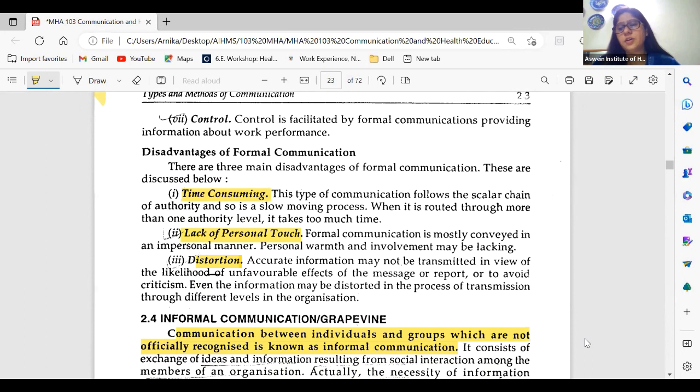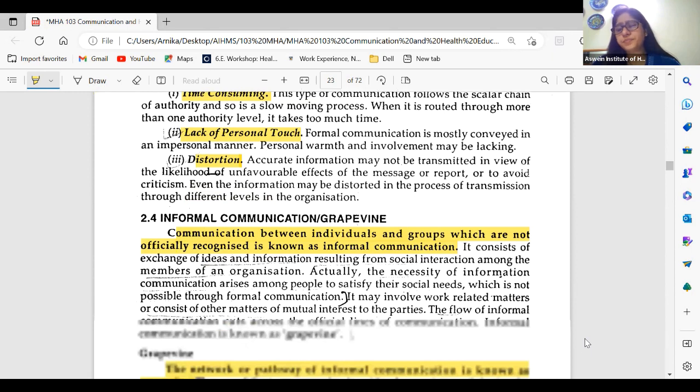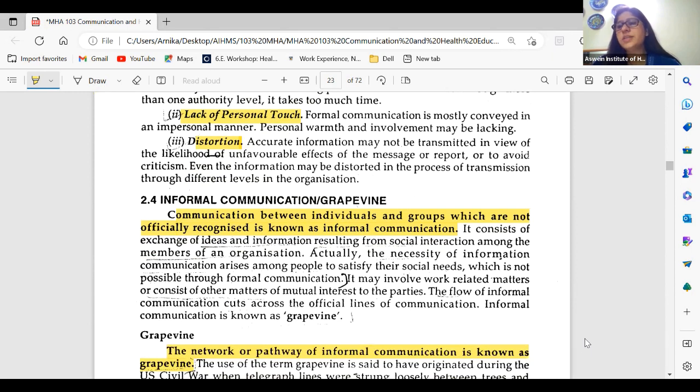You have to follow a lot of methods, whether you write a letter, write a mail, or send a fax. It is all formal, so no human or personal touch is involved.